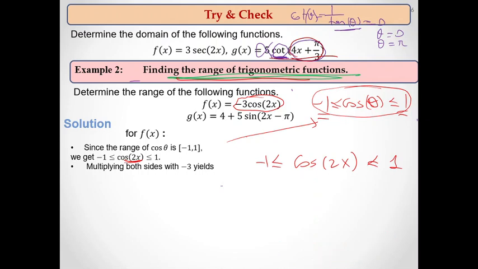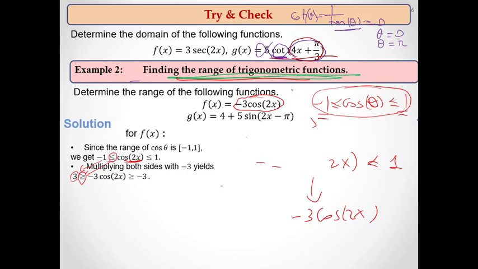How can we do it? We have to multiply both sides by -3 to get -3 cosine 2x. And when you multiply with a negative number, the direction of the inequality changes.